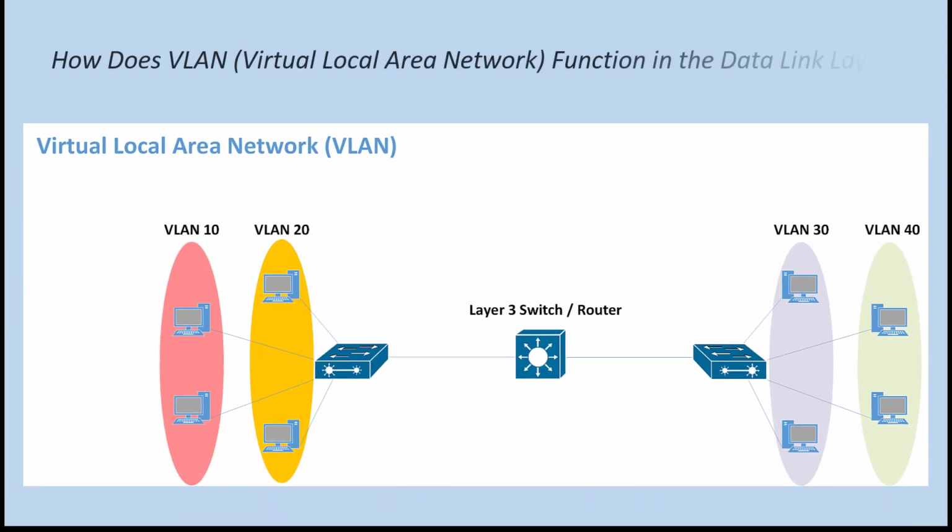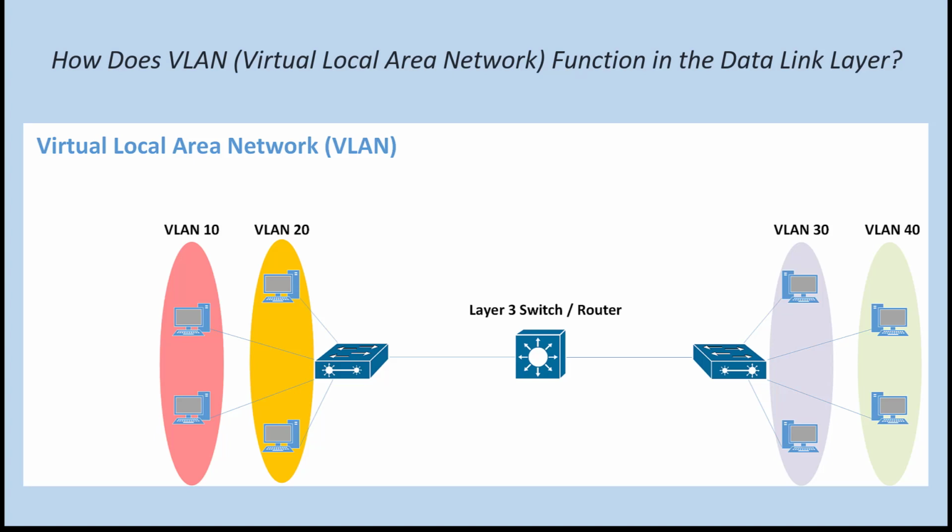How does VLAN function in the data link layer? Ever heard of VLANs? Think of them as the organizer of your digital community doing their thing in the data link layer. Imagine them like invisible separators that create special zones within your network. So, why does it matter?